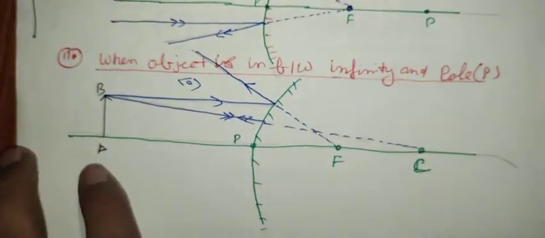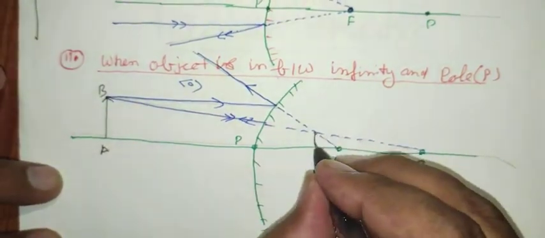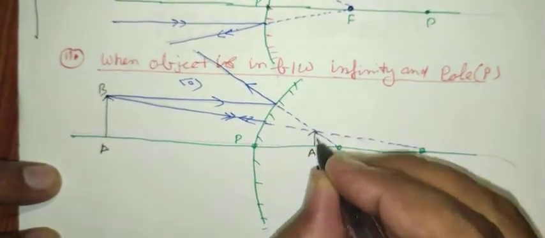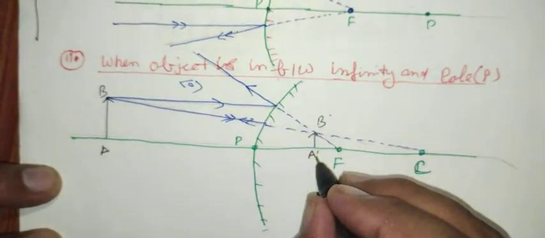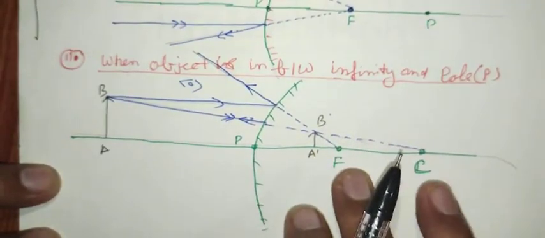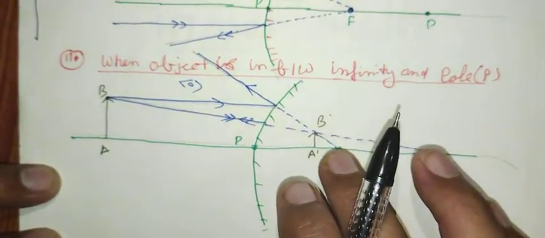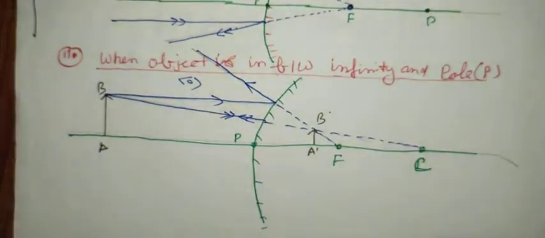So the final image will be formed here, A dash and B dash, small in size, behind the mirror, virtual and erect.